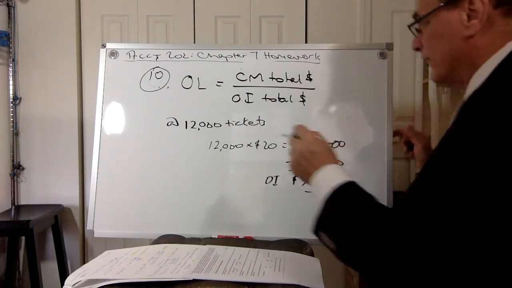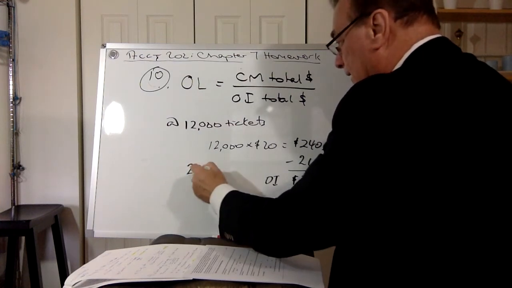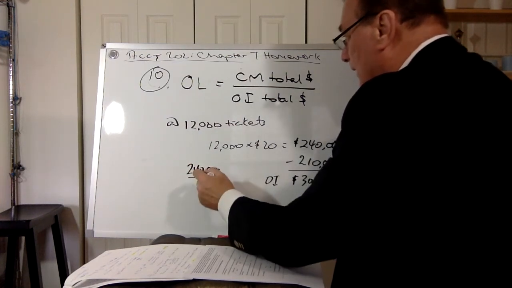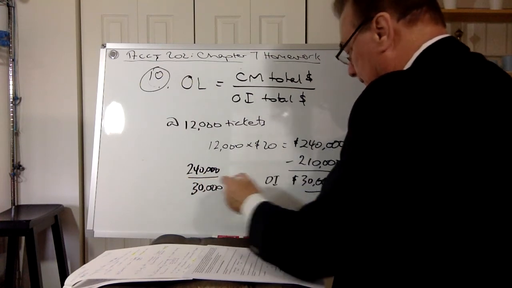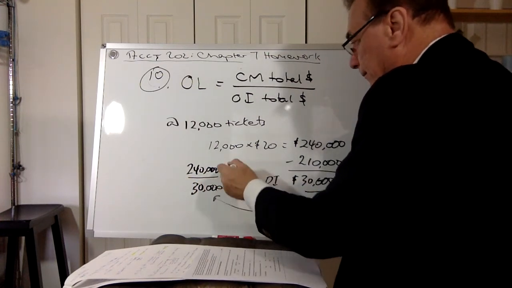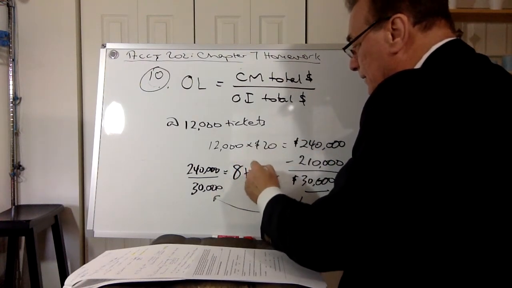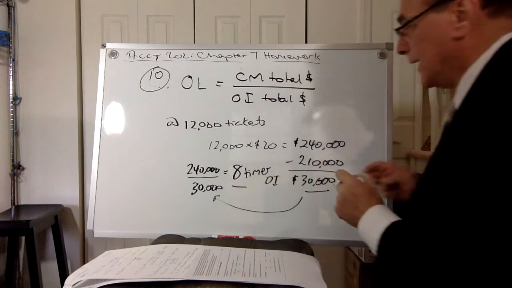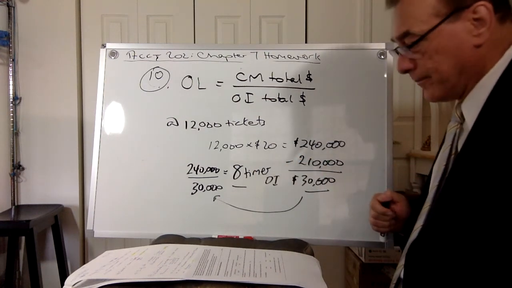Okay, so put that into our formula. Contribution margin total, 240,000. Operating income total, 30,000. That comes from here. Operating leverage, 8 times. Okay, not 8%. It's 8 times.